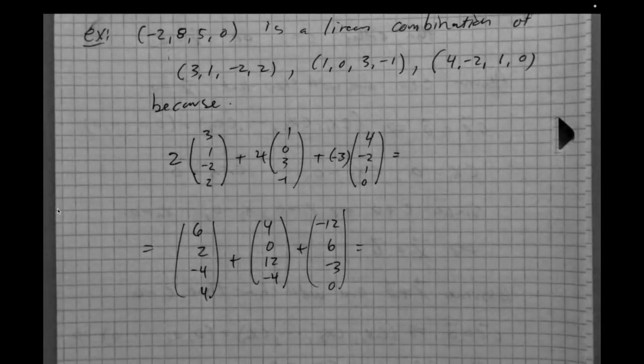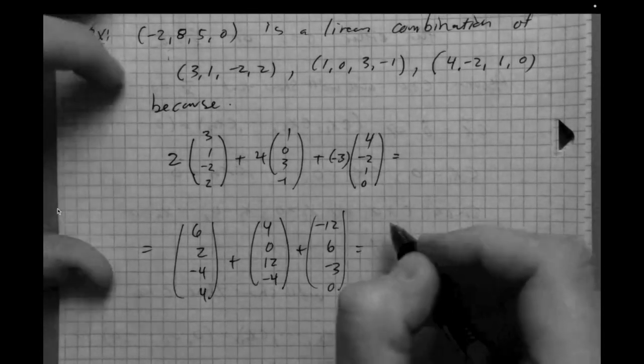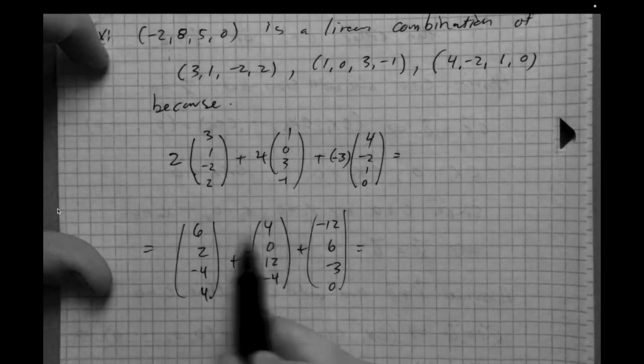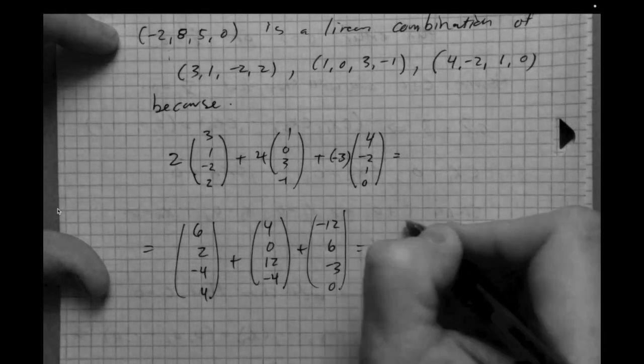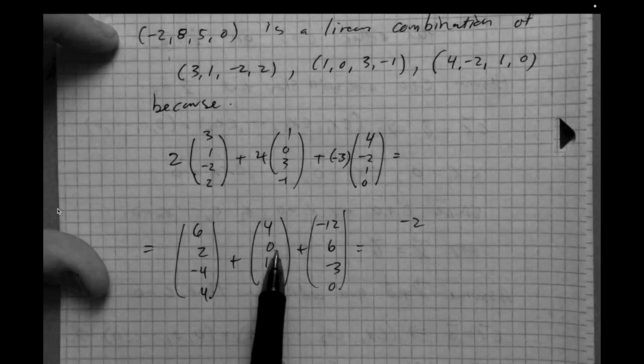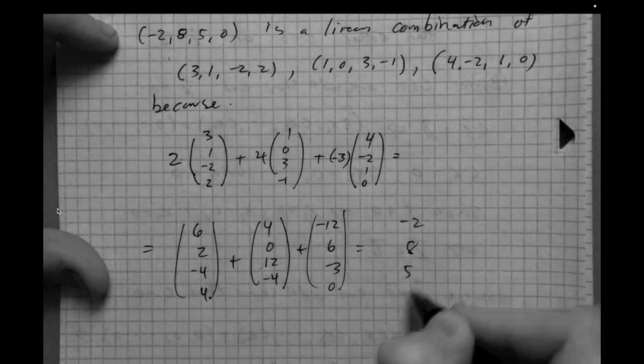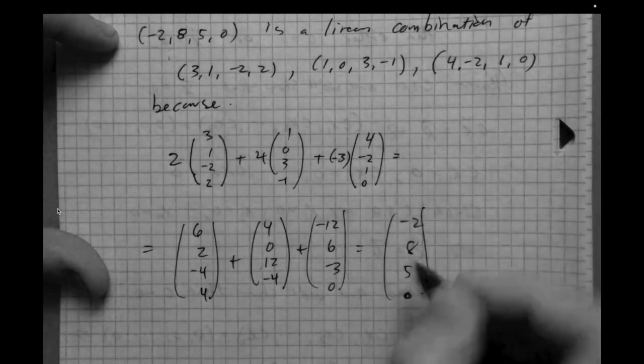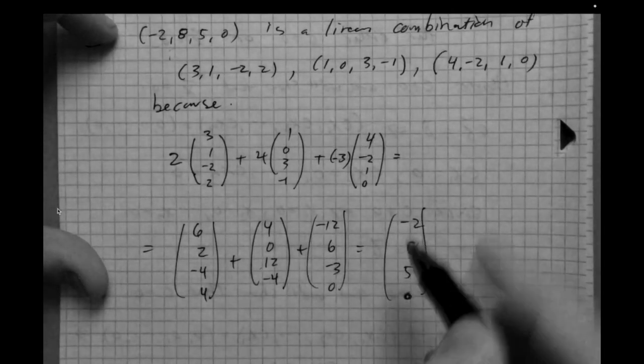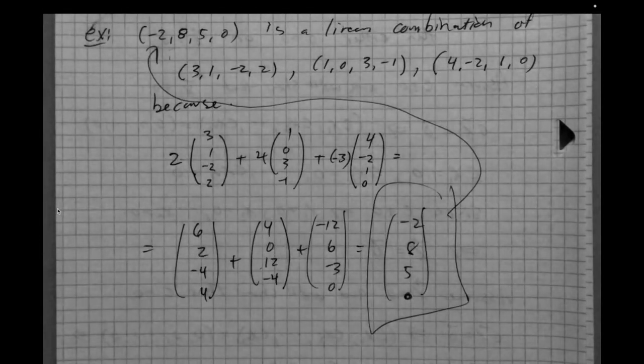And if I add these three vectors together, what do I get? Well, 6 plus 4 is 10, plus -12 is -2. 2 plus 0 is 2, plus 6 is 8, and so on. So if I add these together, I get this vector here, which is that vector there.